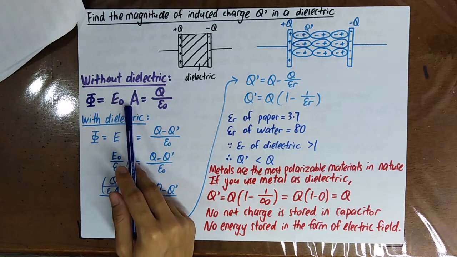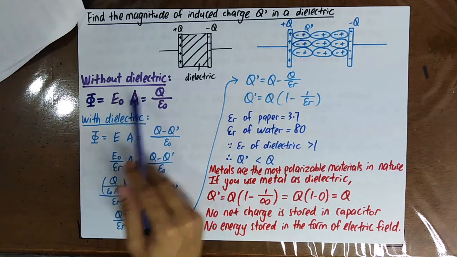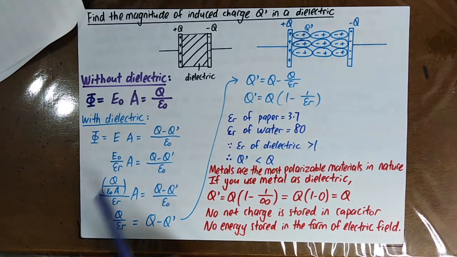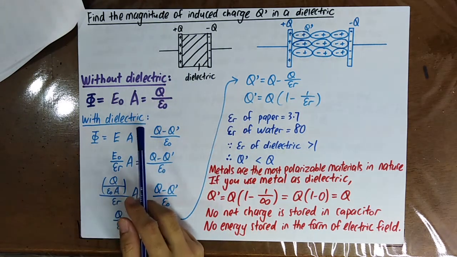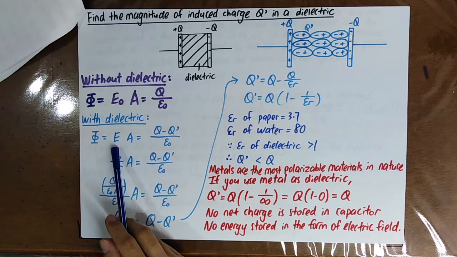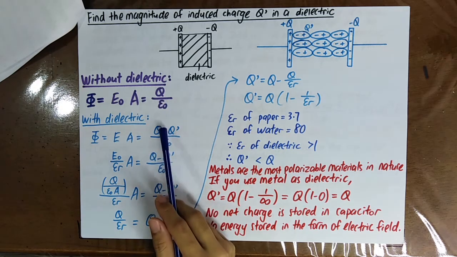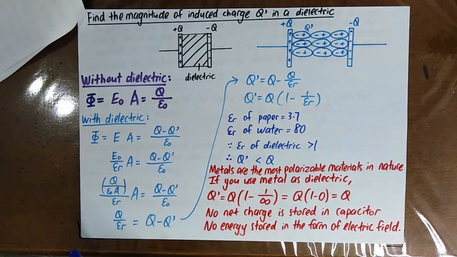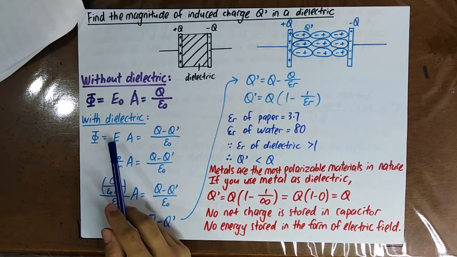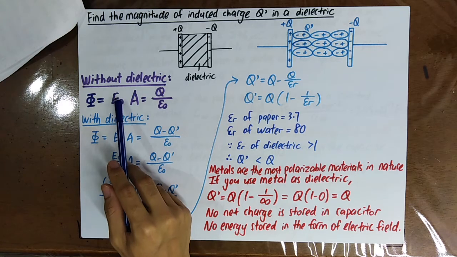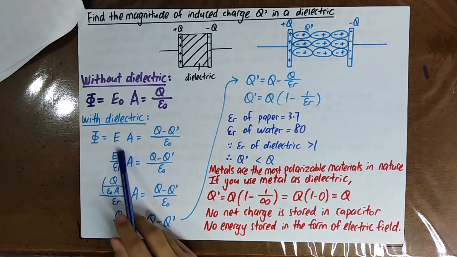E0 is the initial electric field contributed by the parallel plates. And then with the dielectric, the electric field changes, and then the net charge enclosed by the Gaussian surface also changes. The relationship between the electric field now with the original electric field is this.